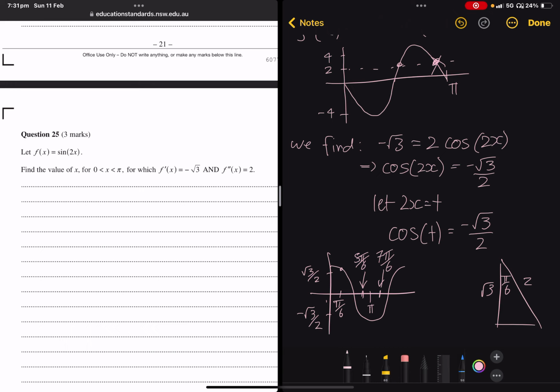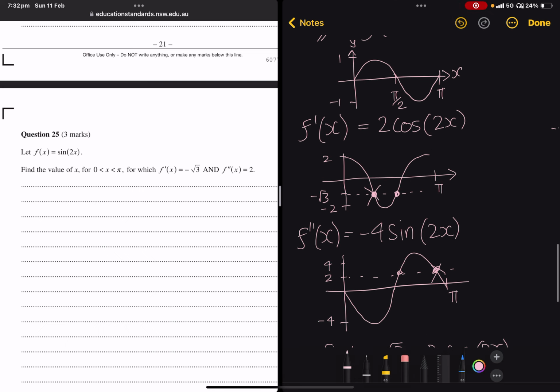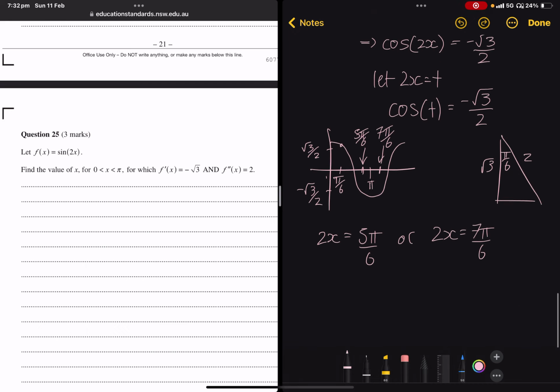So this means when we're solving cosine of 2x equals negative root 3 on 2, we find that 2x is equal to 5 pi on 6, or 2x is equal to 7 pi on 6. These are the two possible solutions. These are the two solutions we found in this cosine function. The lower one we know is not valid, because it is a smaller number.